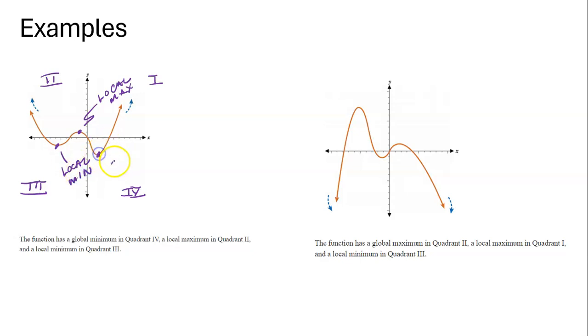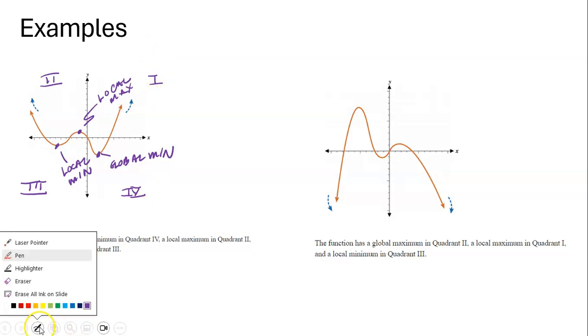This is a global min, meaning it's never going to go lower than this. Because both sides are going up, there's not a global max because it goes on forever up.